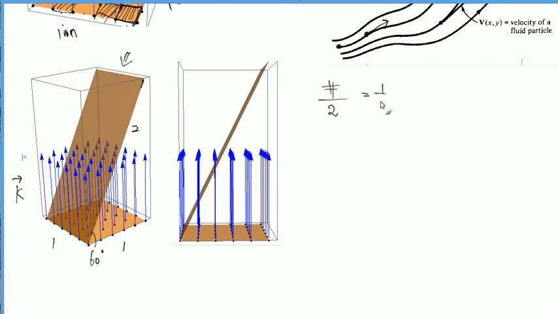So the density is 1/2. That means if I take a tiny piece of area there with area delta A, how many particles pass through that? 1/2 times the area, right? So what happened to the density? The density is shrunk by 2. But how about the number of particles passing through this entire thing anyway? That's the same, right?